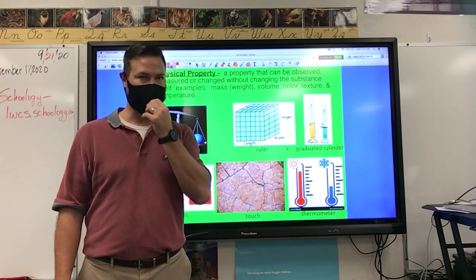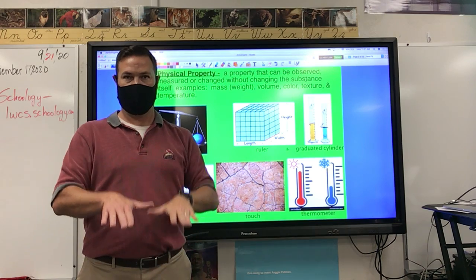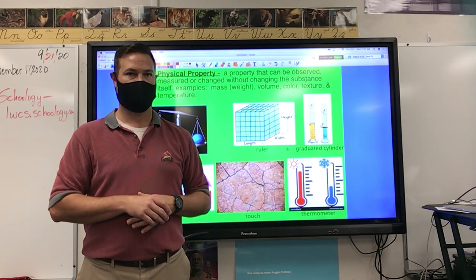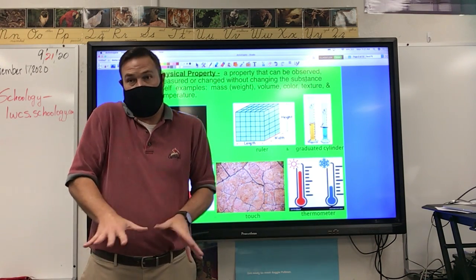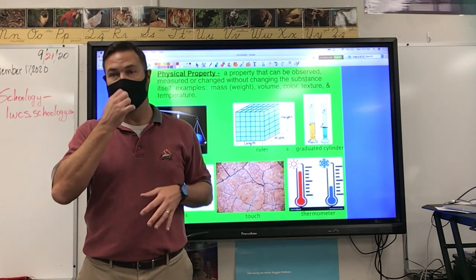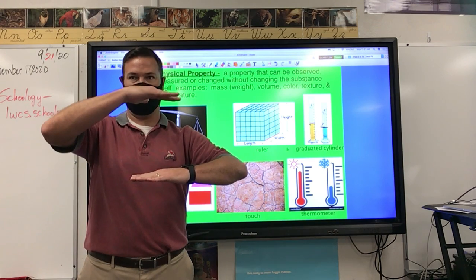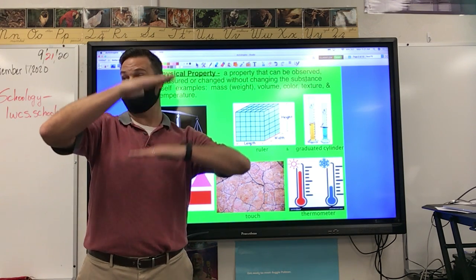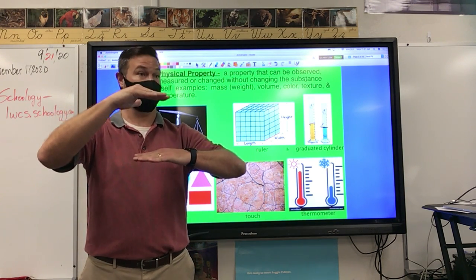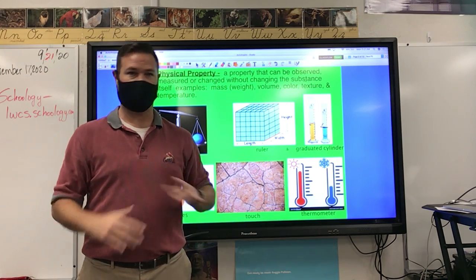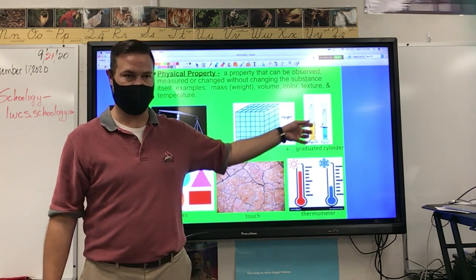You have all gotten in the bathtub and noticed that the water goes up when you get in there. Why? Because you're taking the space where that water was, so it's forcing the water up. If I measured it before, and then you get in and it goes up, I can measure the distance, and that's how much space I'm taking up. Understand that? That's what they're using with a graduated cylinder.